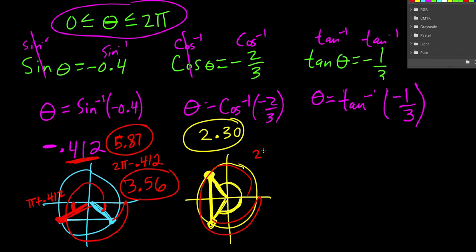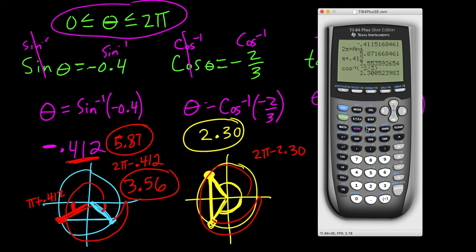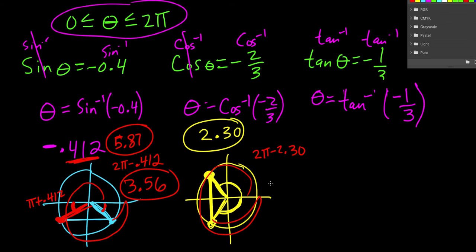So we could say 2 pi minus 2.30. Let's try that. So just 2 pi minus the previous answer. We get 3.98. And that's our other answer. So we get 2.30 and 3.98.